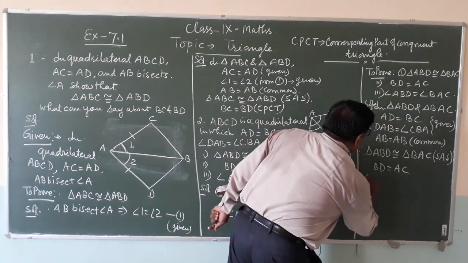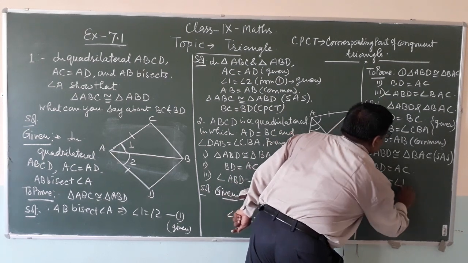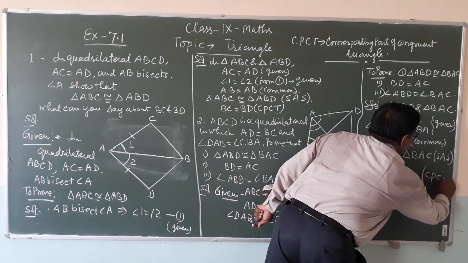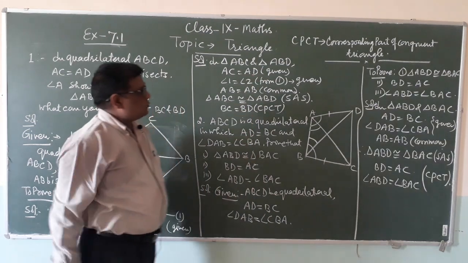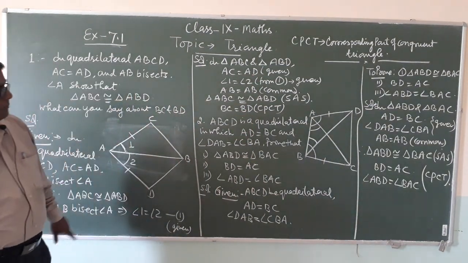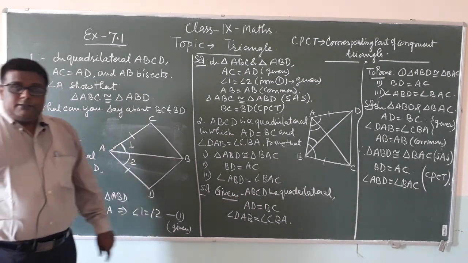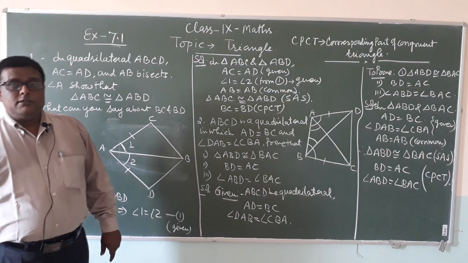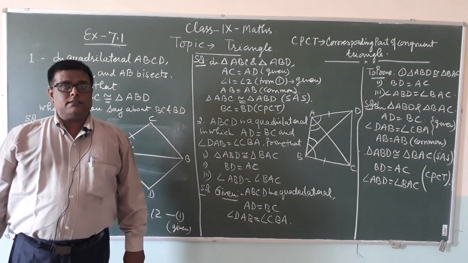So angle ABD is equal to angle BAC. This is CPCT. So we have to prove these two questions by the criterion CPCT, and I understand that on this basis you can solve the other questions of this exercise. Thank you.